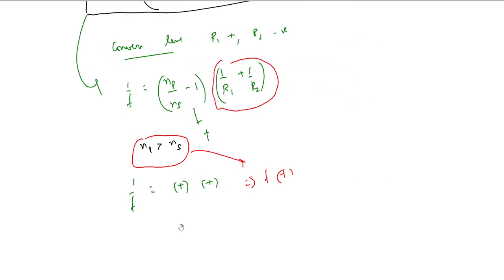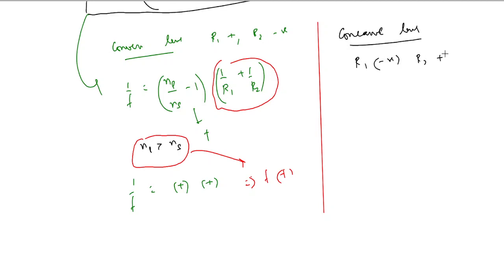For a concave lens, R1 is negative and R2 is positive.